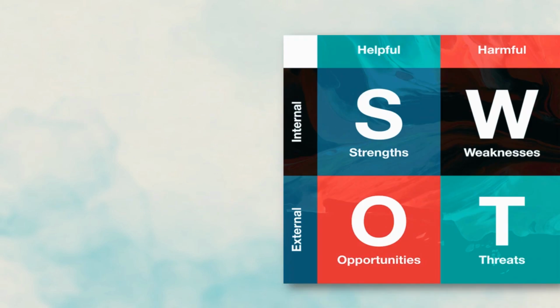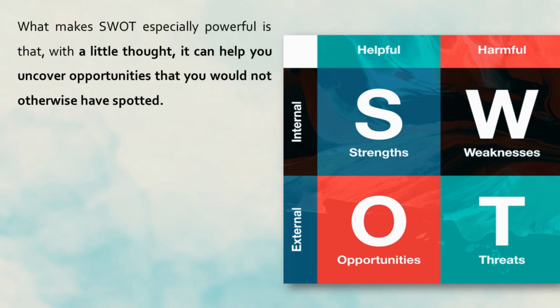So let's understand that SWOT analysis, that is strengths, weaknesses, opportunities and threats, are categorized into internal and external, as well as helpful and harmful subcategories for understanding, as you can see in the image. What makes SWOT analysis especially powerful is that with a little thought, it can help you uncover various opportunities that you would not otherwise have spotted in your work.